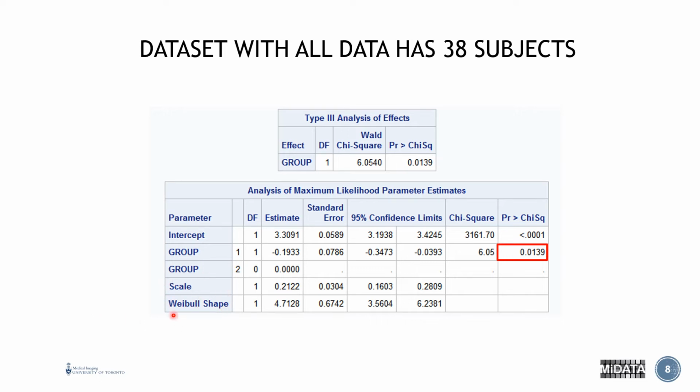For now, I'm going to skip over these two parameters, which are called the scale parameter and the Weibull shape parameter. That's why in the previous slide, it said how many parameters we're estimating. Well, we're estimating 3, because you have your group, you have your scale, and you have your Weibull shape. These two parameters are required in order to do parametric modeling of survival data.